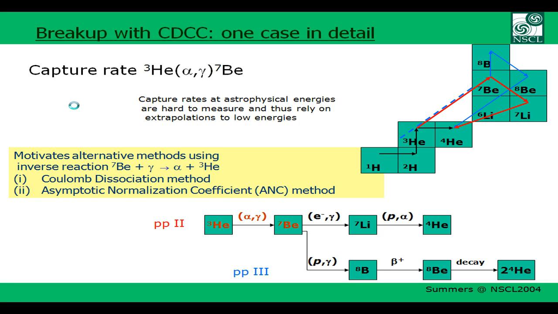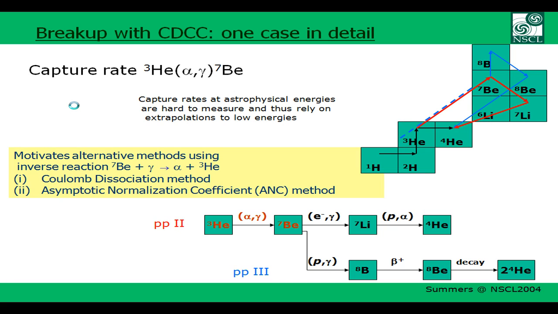From the inverse process, you can infer the direct process. Of course, it's a more complicated process because now you've got this heavy target, perhaps a lead target, and you have to control the reaction dynamics, what's happening in the reaction, making sure that what you're measuring really translates to the stuff that you're interested in. So that's one method, the Coulomb dissociation method.